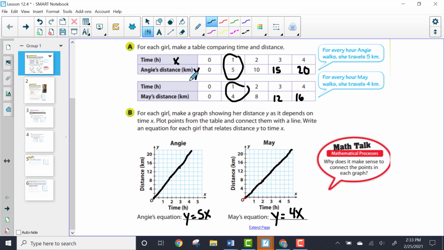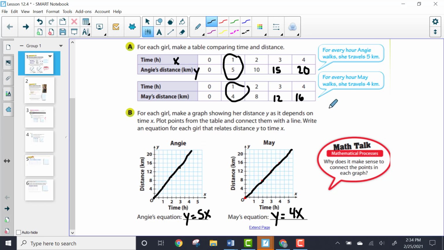Now, as far as the graph, if you look at the steepness of the lines, we can see that Angie's is a lot steeper than May's. And because Angie's is a lot steeper than May's, you can see that Angie is walking faster.